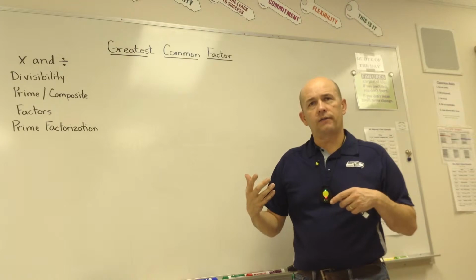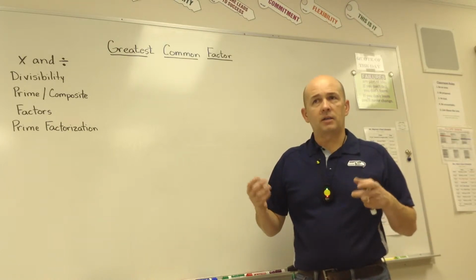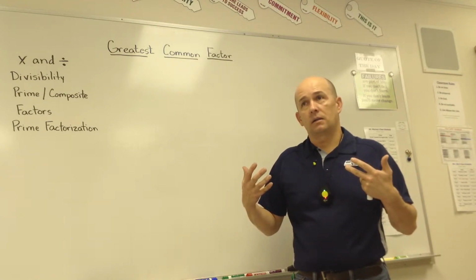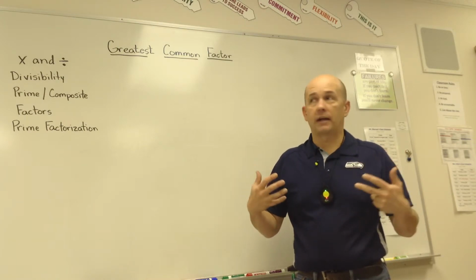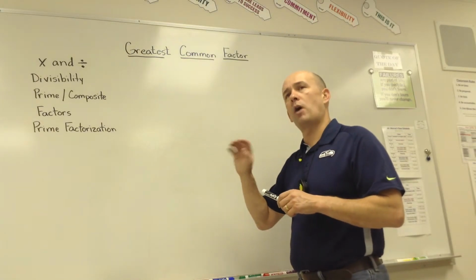Well, instead of listing all the factors, we've been using in class what we call the cake method. And the cake method is really just a fancy way of saying dividing by the prime numbers, dividing by common factors. So we'll go through an example with some smaller numbers.